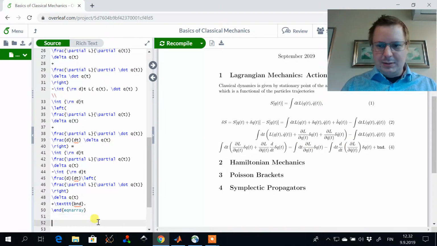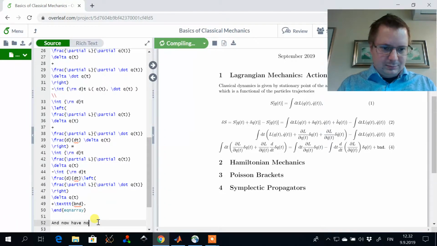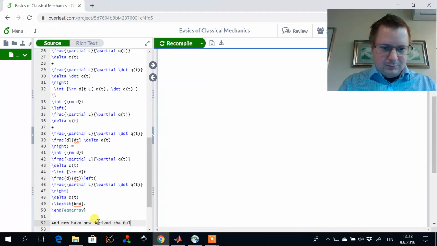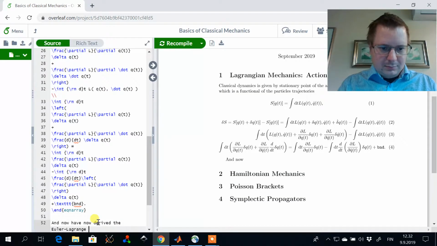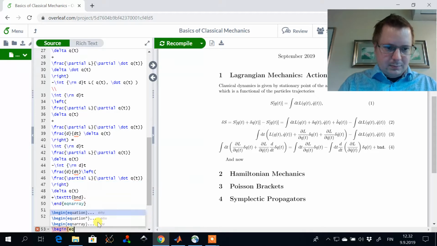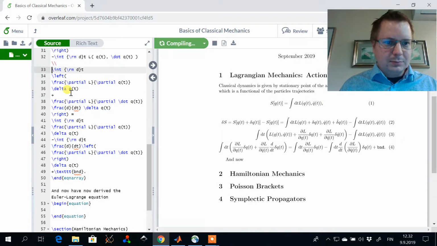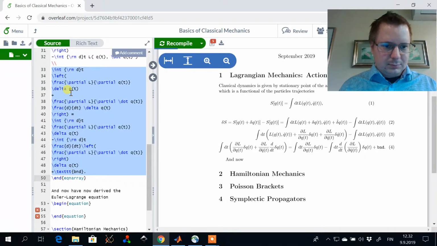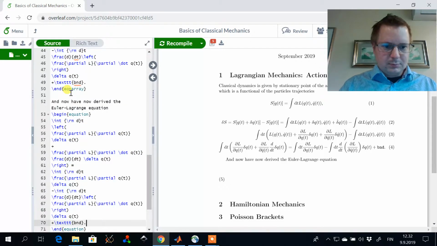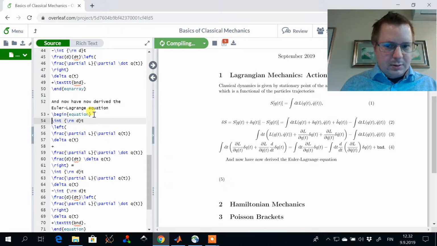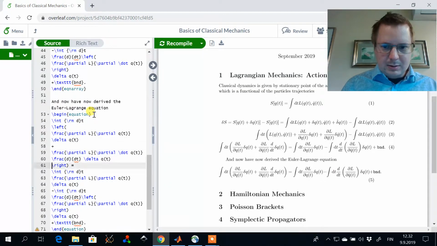So we have now derived the Euler-Lagrange equation.